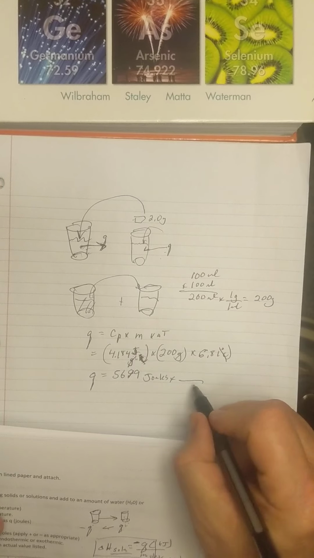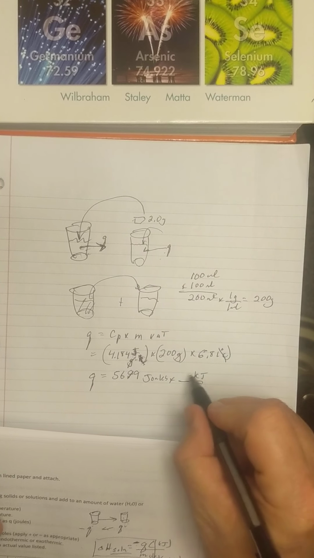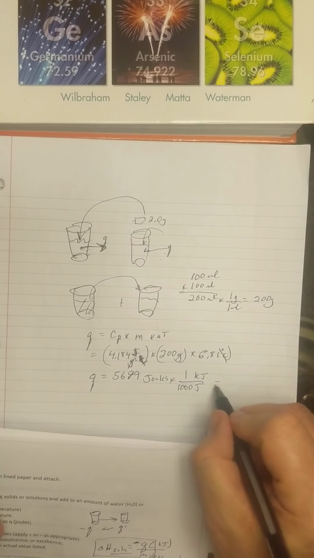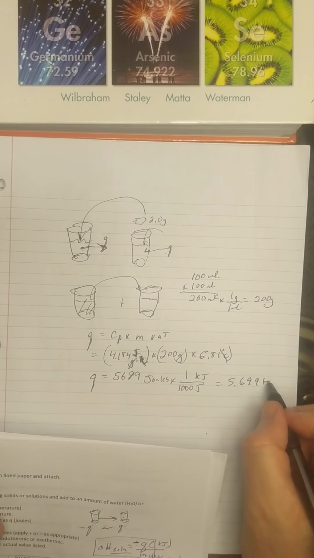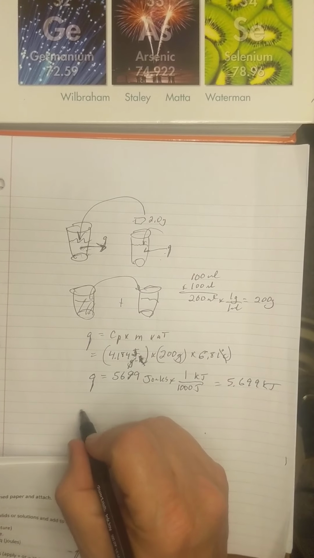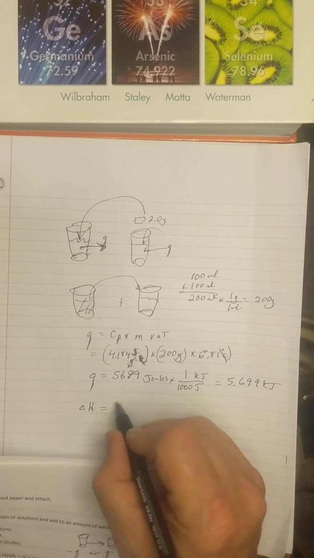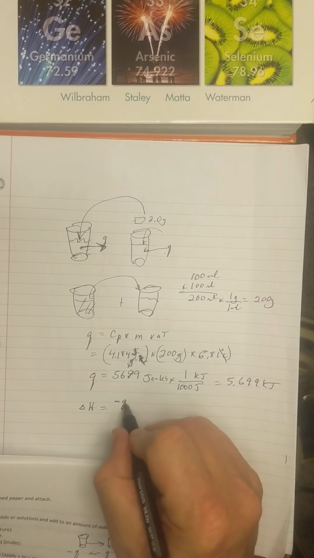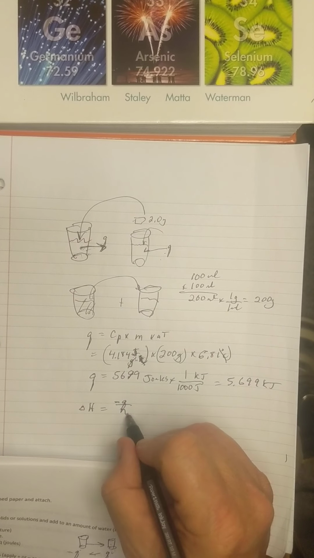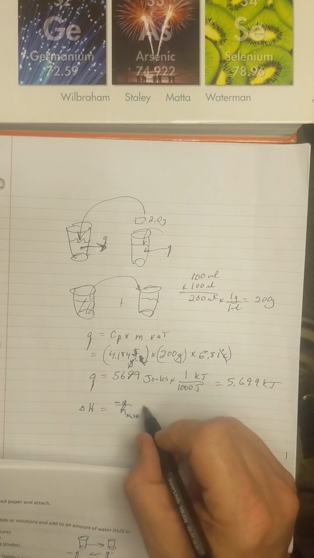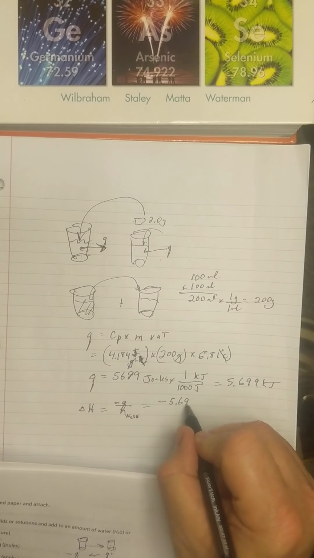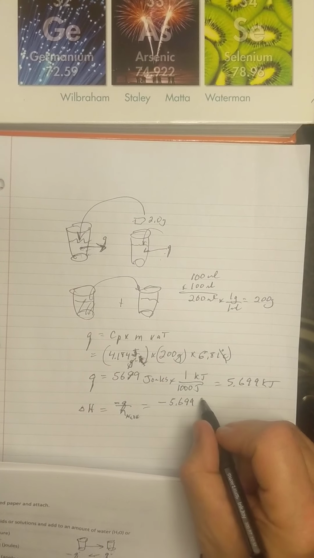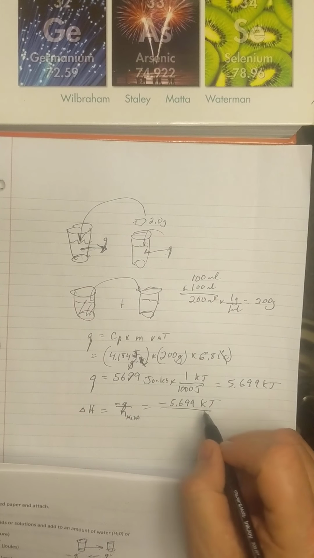I'm going to convert the joules to kJ, so dividing by 1,000, it's 5.699 kJ. Now my delta H: the Q is negative, divided by the moles of the NaOH. So negative 5.699. I know I got 4 sig figs there, I'll cut it down after I do the moles.